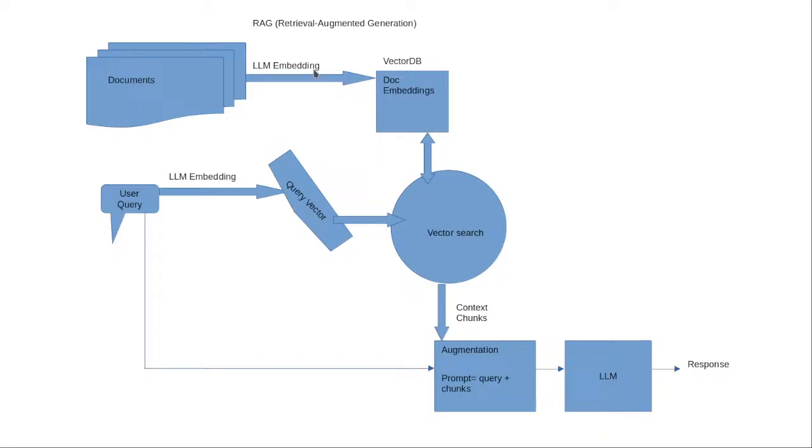If you go with an LLM-based embedding model, it can capture a lot of semantic meaning. For example, if the document has Chennai and the user asks a question about Madras, it can understand that it is about Chennai and will retrieve the data related to Chennai also.